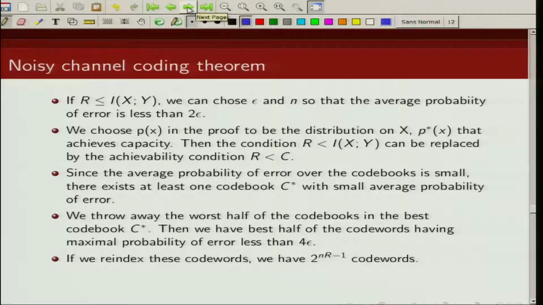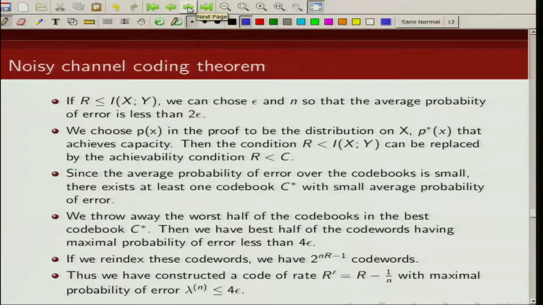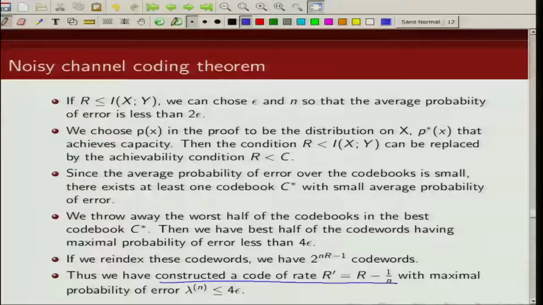Now since we have thrown away half of the code words, we can re-index these code words, and now we have 2 raised to the power nR divided by 2, that is 2 raised to the power nR minus 1 code words. So now we have constructed a code with rate, I am calling it R dash, which is R minus 1 by n, whose maximal probability of error is less than 4 times epsilon.